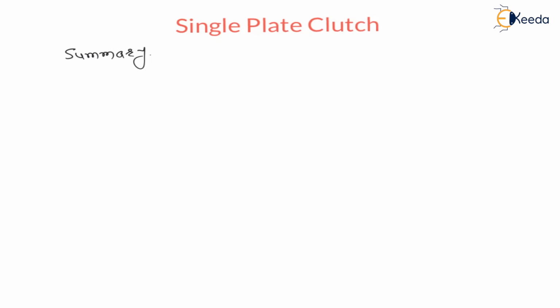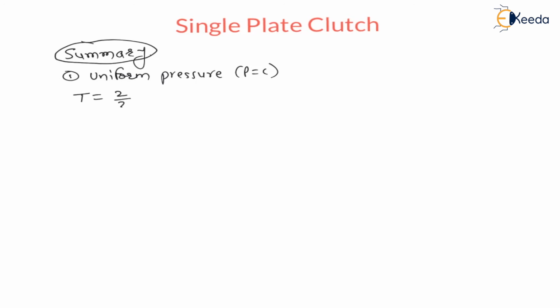So let us write a summary of uniform pressure theory and uniform wear theory. Number one, as per uniform pressure theory, which means pressure is constant, torque transmitted is 2/3 mu W (Ro cube minus Ri cube) divided by (Ro square minus Ri square), which is equal to mu W Rm.